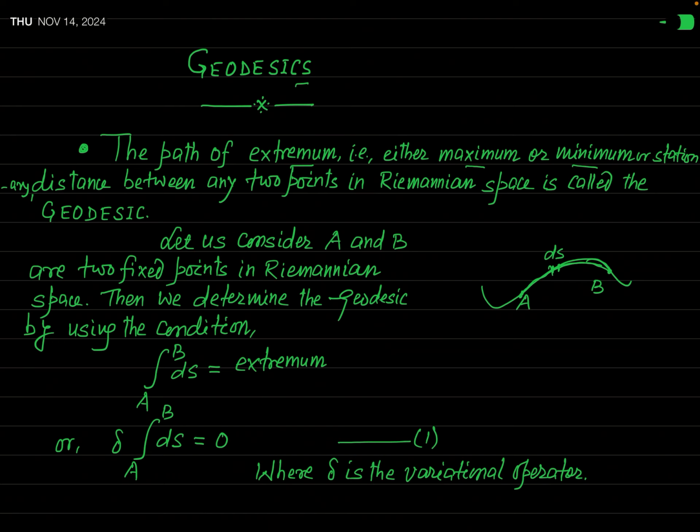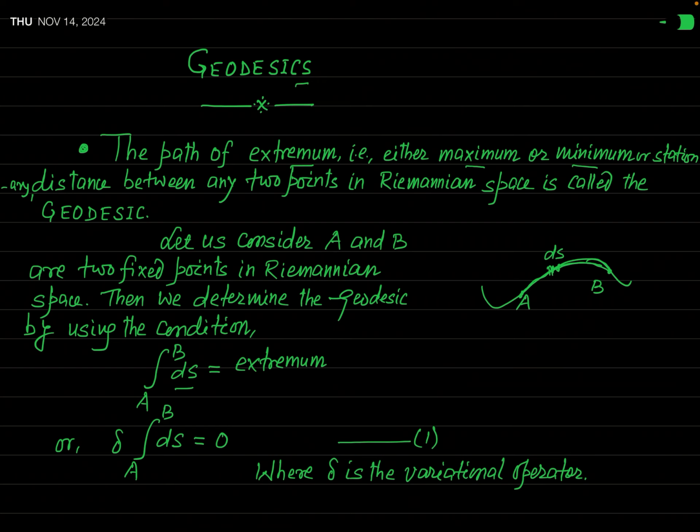When you integrate this line element ds between the limits a and b, you get the total path length AB. According to the definition, this path AB will be a geodesic if the total length AB, which is equal to the integral of ds between a and b, is extremum. Then that path will be called a geodesic.